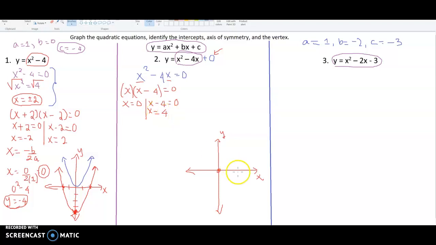My other x-intercept is positive 4. 1, 2, 3, 4. Okay, and my y-intercept is also 0, so it's going to be right here. So what is the distance? What is the midpoint between 0 and 4? You know that's going to be 2.